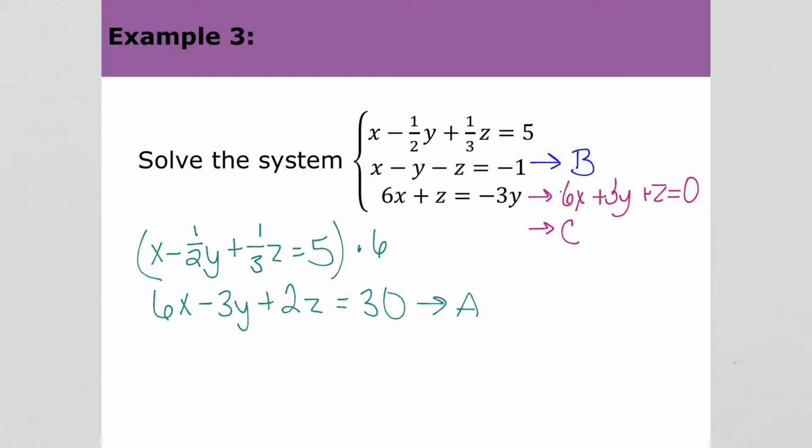If I use A, it's got a positive 2z, and B, which has a negative z, and I just multiply B by 2, then that'll get me what I want. So A was 6x minus 3y plus 2z equals 30.